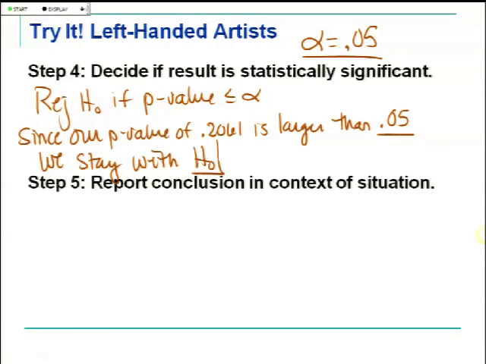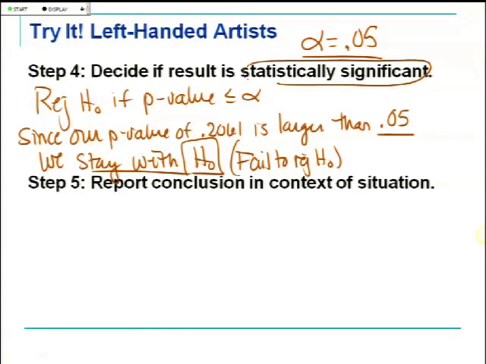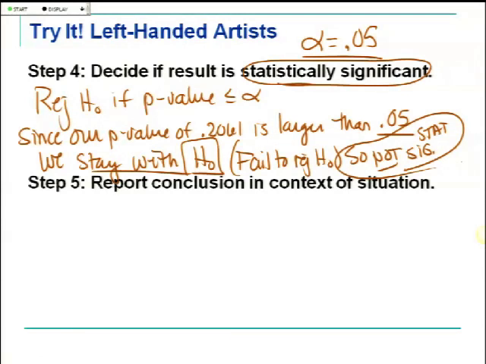We cannot refute H0. We fail to reject that null hypothesis. That means the results were not significant. They were not statistically significant. 12% was higher than 10%, but it was not significantly higher when you use statistics and that idea of variability.